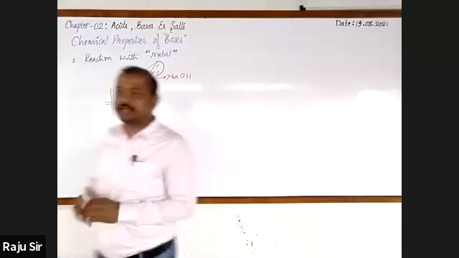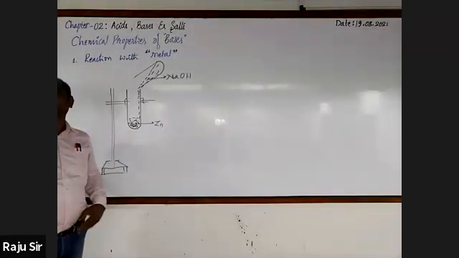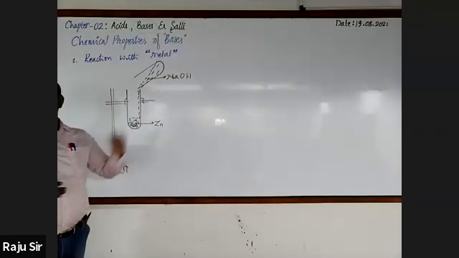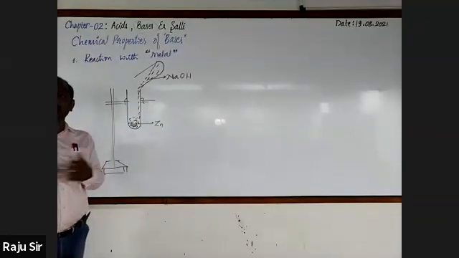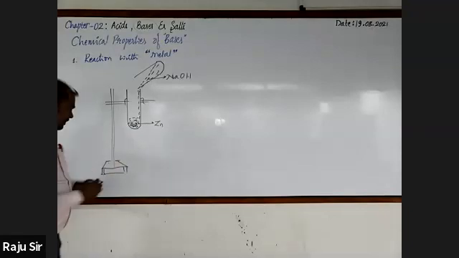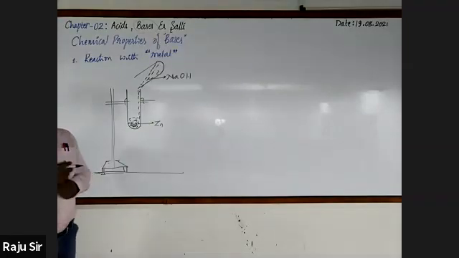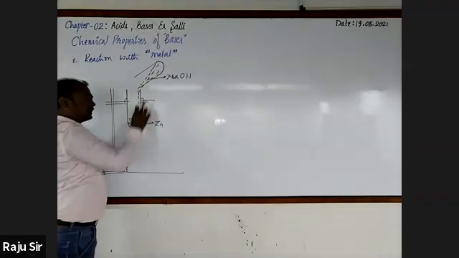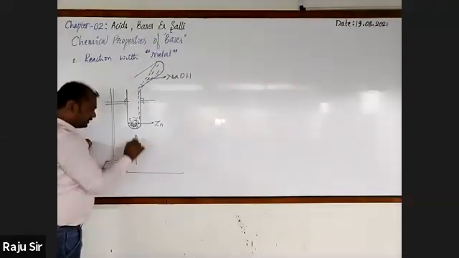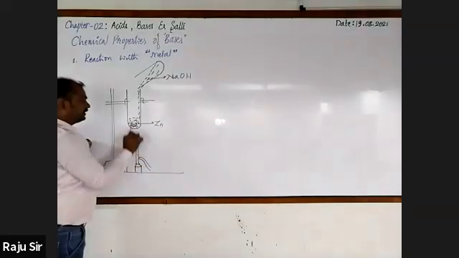When a base is added to the metal, the immediate reaction cannot be seen, like in the case of acids. Acids react immediately, but here it does not. If you want a base to react with a metal, it should be heated.